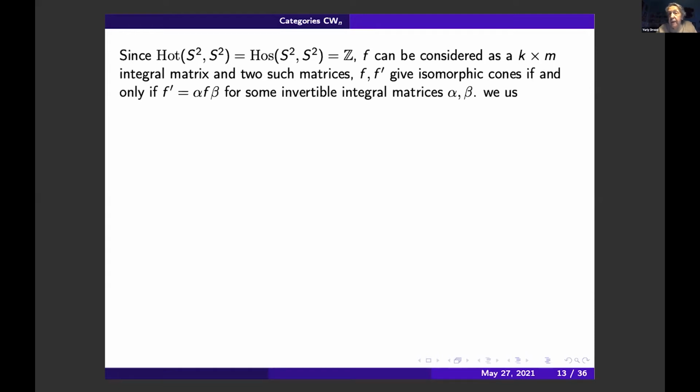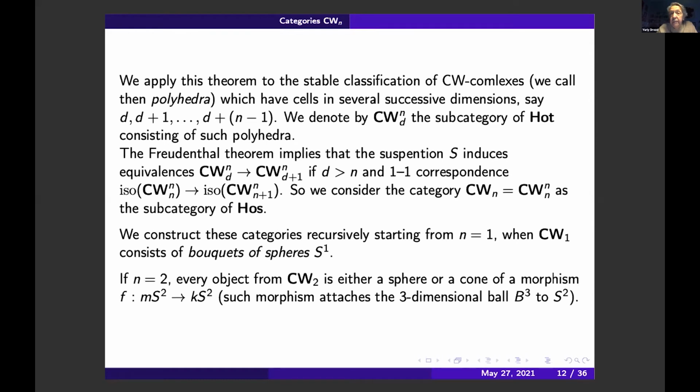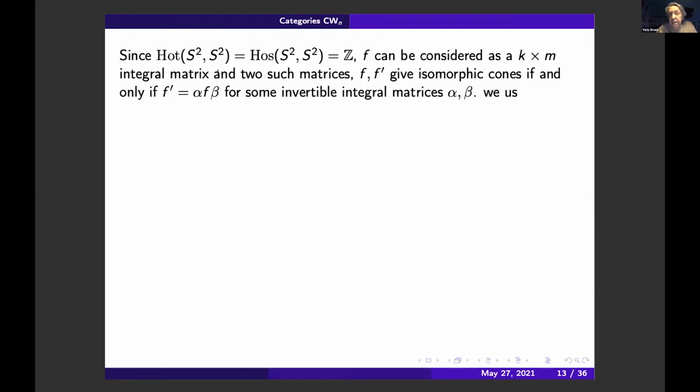So this morphism F can be considered as an integral matrix, and two such matrices give isomorphic cones if and only if one of them can be obtained from the other by multiplying by some invertible integral matrices.